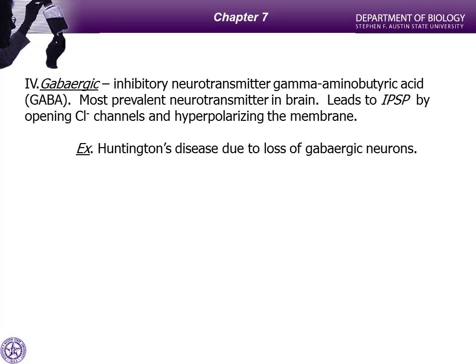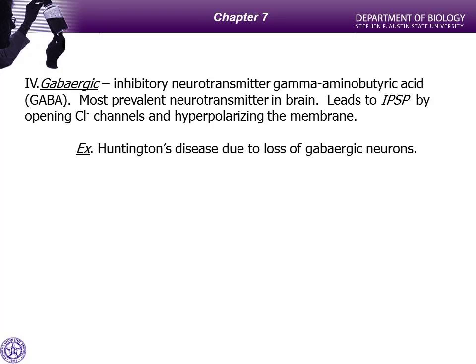GABA is gamma aminobutyric acid, and the neurons that produce GABA are referred to as GABAergic neurons. GABA is going to be one of the most prevalent neurotransmitters in the brain, but it leads to these inhibitory postsynaptic potentials.